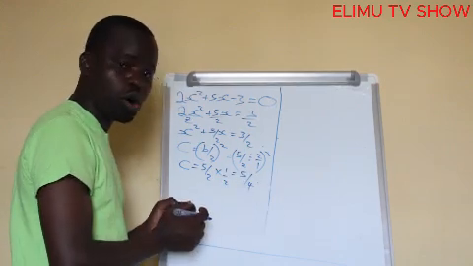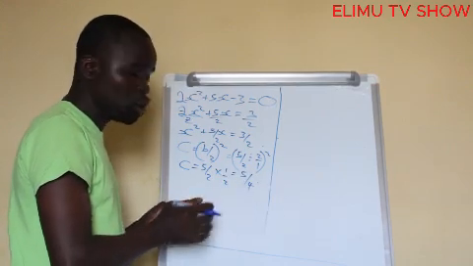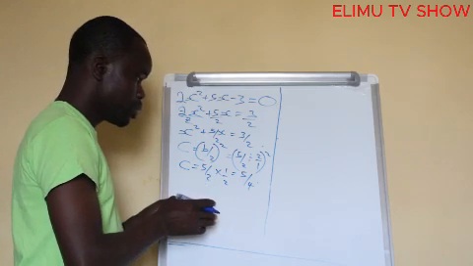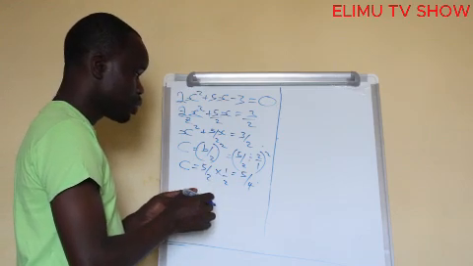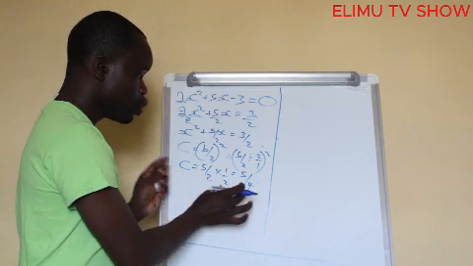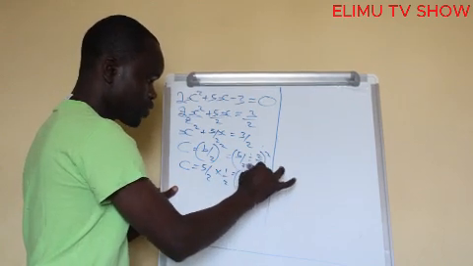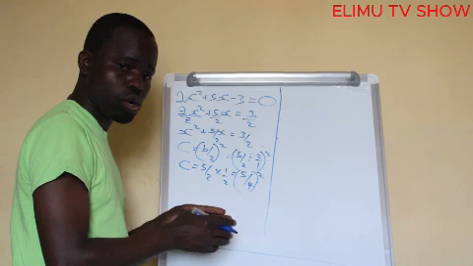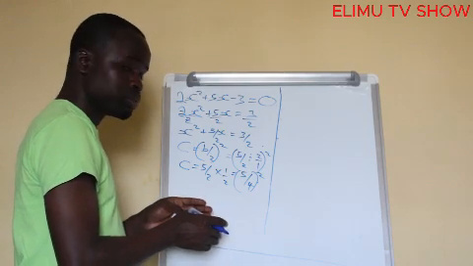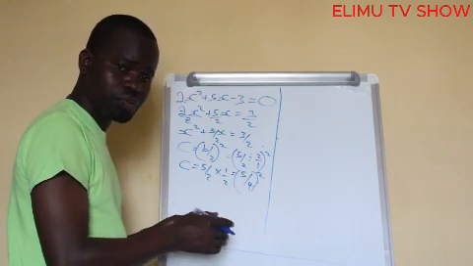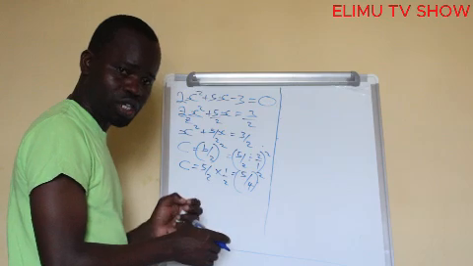Once you've gotten your constant, we are going to use it. Remember that here it is c squared. We are going to make sure that on each and every side we place the constant.